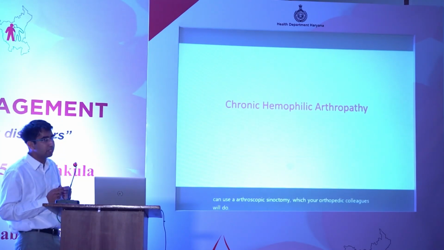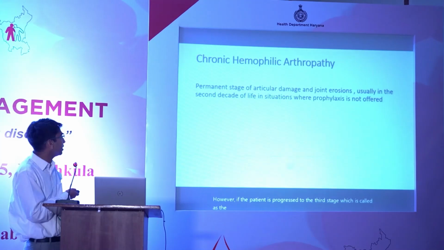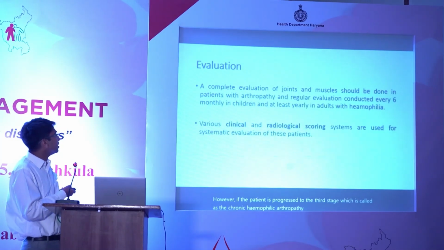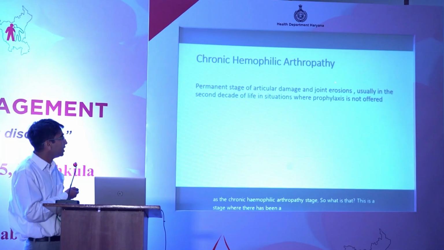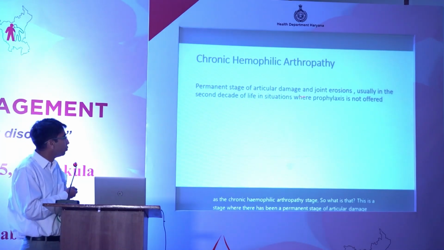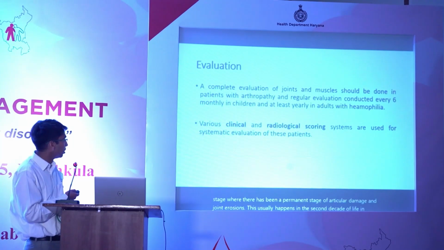However, if the patient has progressed to the third stage, which is called the chronic hemophilic arthropathy stage, what is that? This is a stage where there has been permanent articular damage and joint erosions. This usually happens in the second decade of life in people where prophylaxis was not offered.